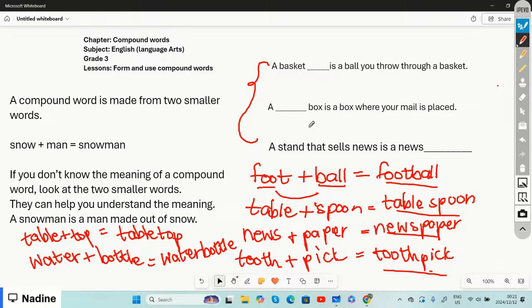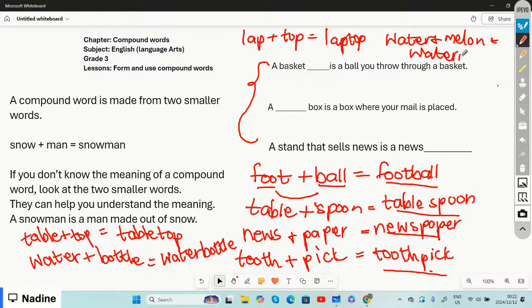Yes, we have laptop. So it's lap plus top, and that is laptop. And then lastly, we have watermelon, which is water plus melon. And that is basically watermelon. All right, so that is basically a few of our compound words.